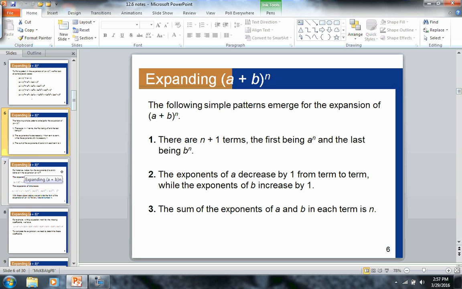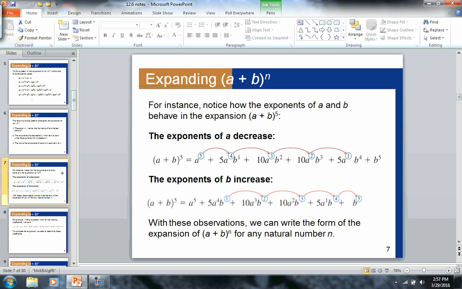Okay. So these are just some observations that we'll talk about in class, but these are the observations that are going to help us develop a pattern or a rule, kind of a trick for how we can expand binomials. So here again, the exponents are decreasing for a. So we have 5, 4, 3, 2, 1. And then they're increasing for b. Notice that the first term doesn't have b though.